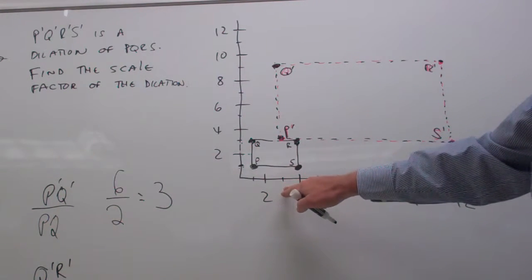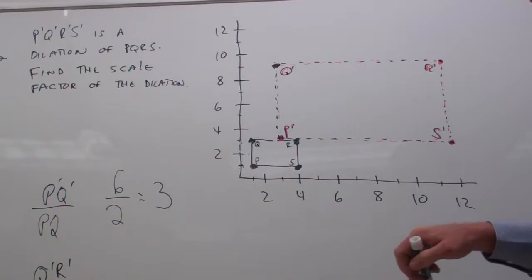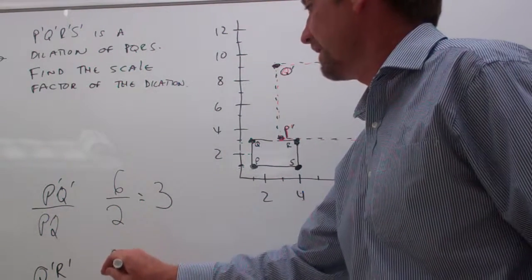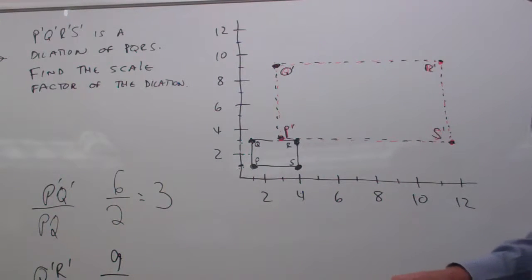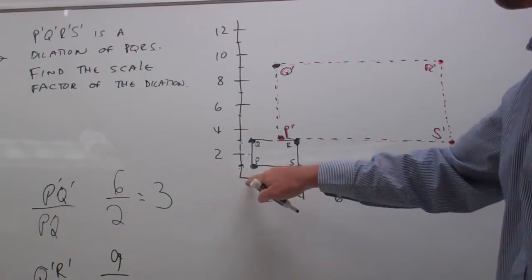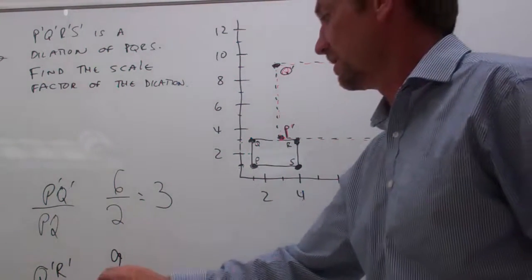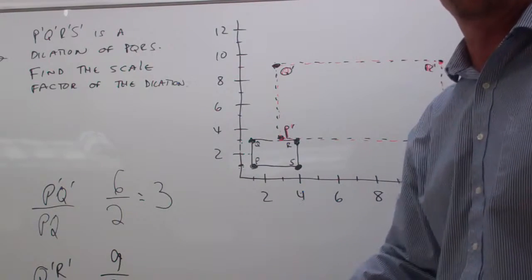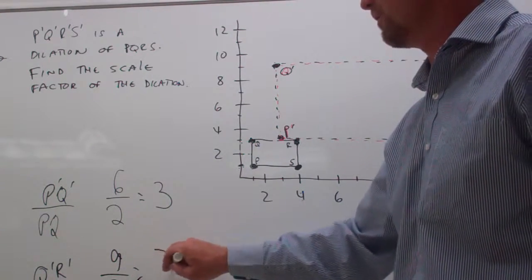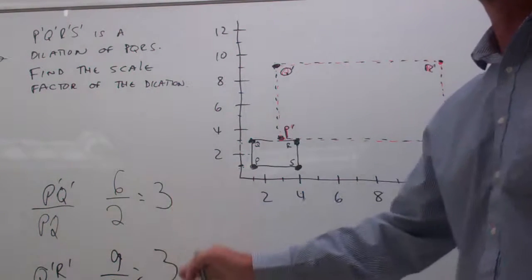We're going from 3 to 12, or 9 units. And on our original image, line QR goes from 1 to 4, or 3 units. And sure enough, 9 over 3 is also 3. So our scale factor of this dilation would be 3.